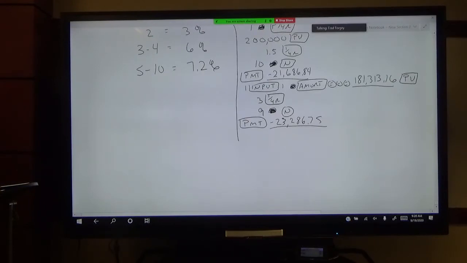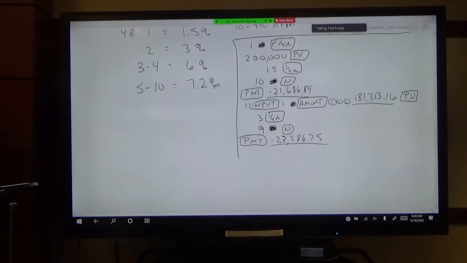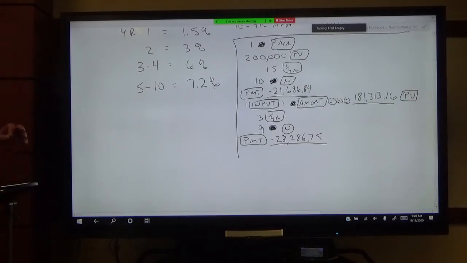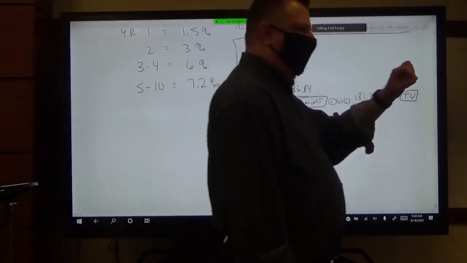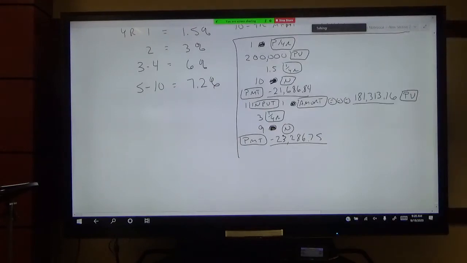And that payment, now this is where you're going to make a mistake, so I'm going to try to help you out here. You've got to look at this every time we adjust the interest rate. Listen to me on this, write this in your notes. Every time you adjust the interest rate, pretend it is a brand new loan, with a new term, a new interest rate, and a new payment.